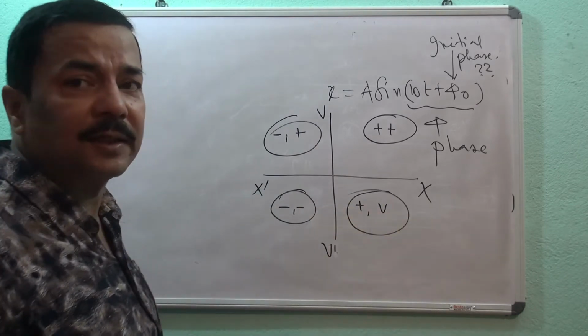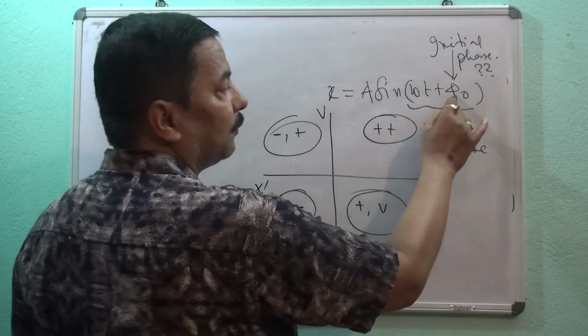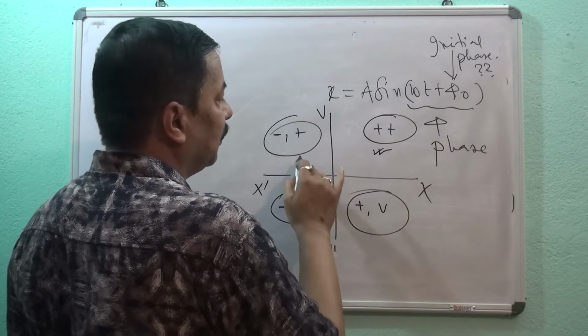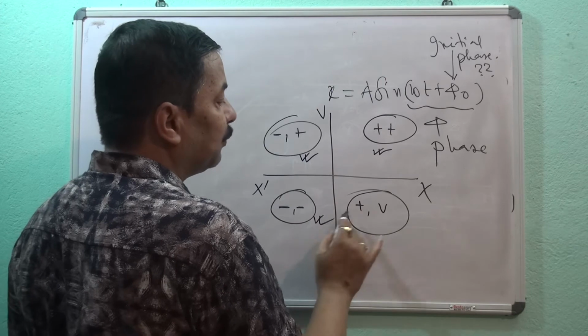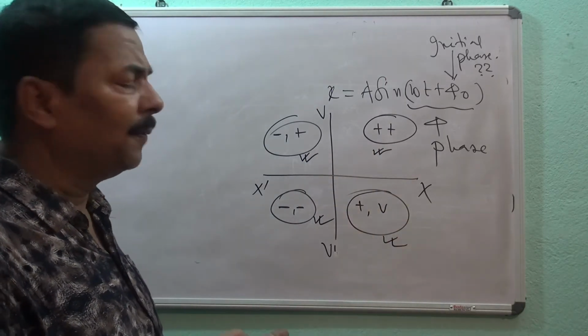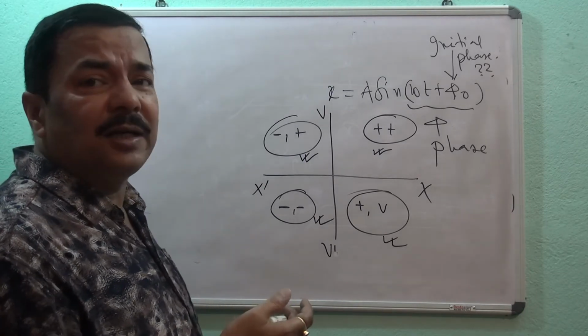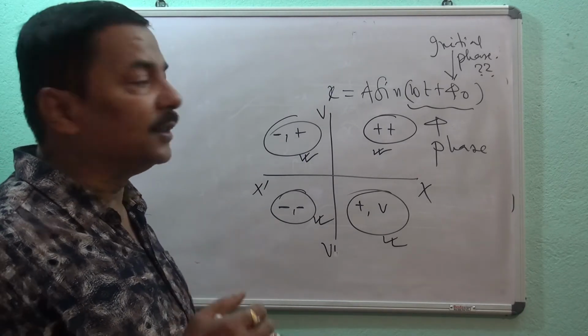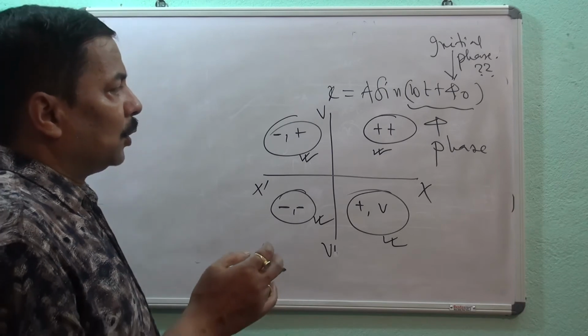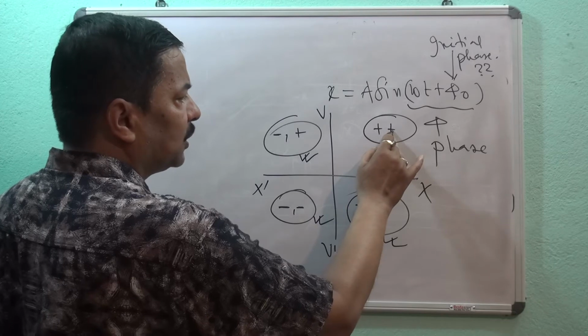Why I am discussing this? Because I want to tell you how to calculate the initial phase, and this information will be very useful to you if you are able to understand this concept. This is basically a short trick by which you can immediately and correctly calculate the initial phase. So here v is positive, x is positive.